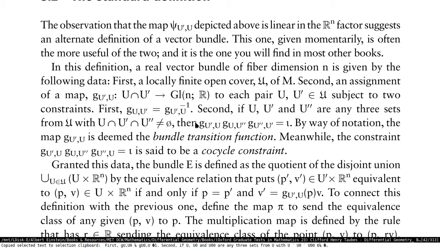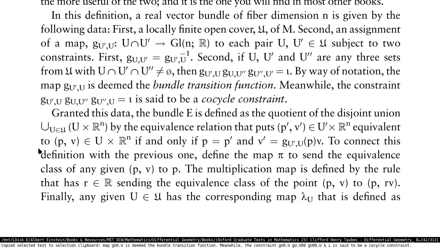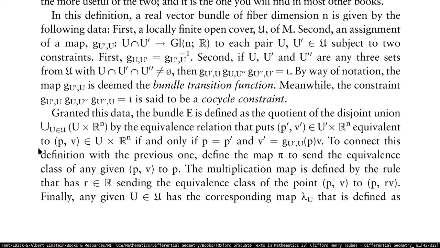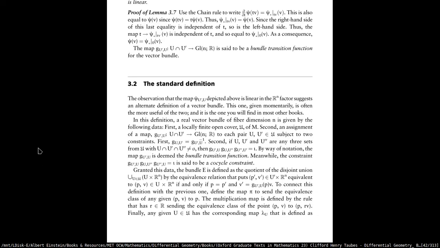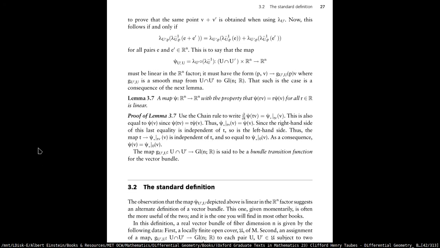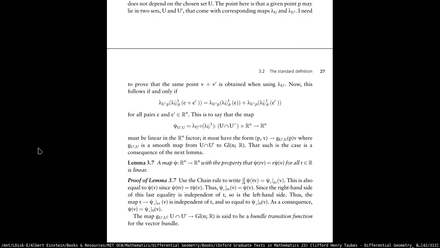So it's a transition function in some sense, and that's why I say the bundle transition function. It takes you from u prime to u, and this is the cocycle constraint. Okay, I'm not too positive on this being very helpful, but this is a peculiar way they're defining their construction.